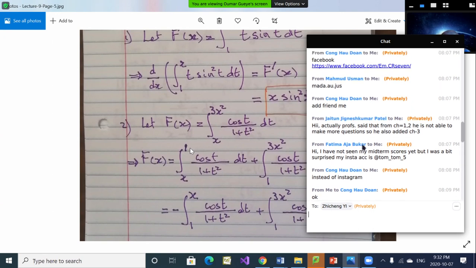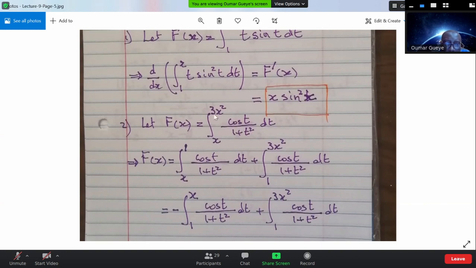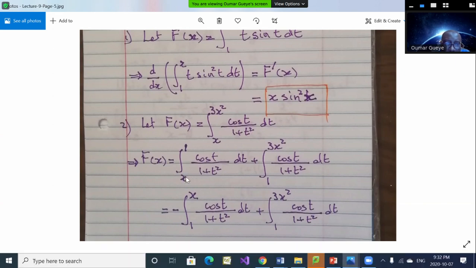So here I just use the property: the integral from A to B is equal to the integral from A to C plus the integral from C to B. I introduce 1; you can introduce 2 or any other number, as long as your function is continuous at that point.